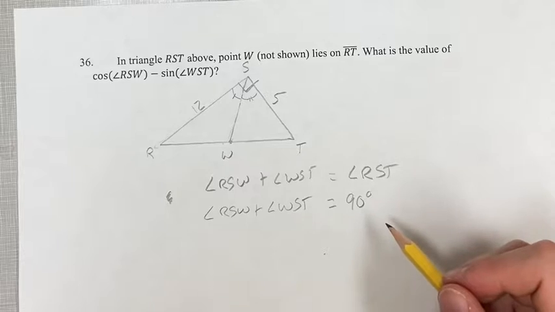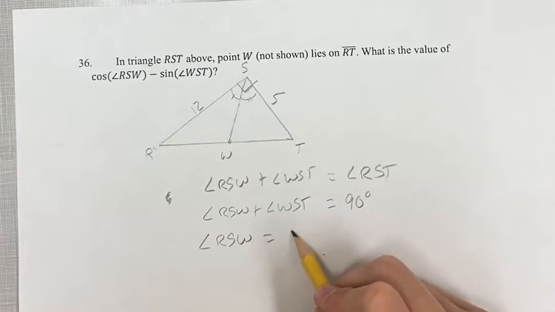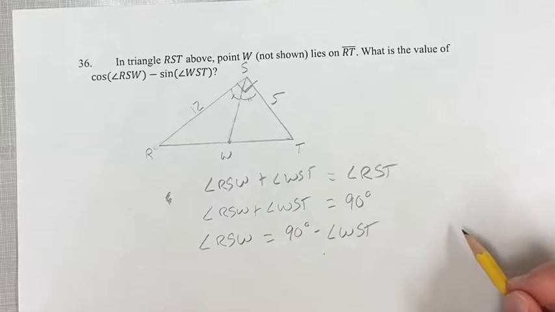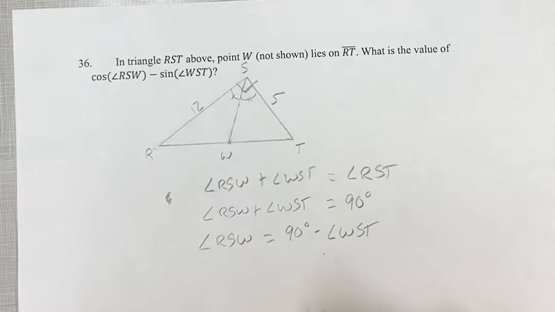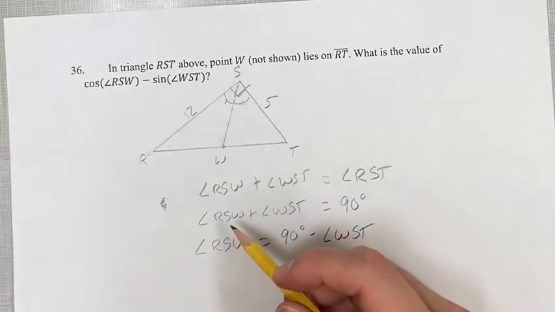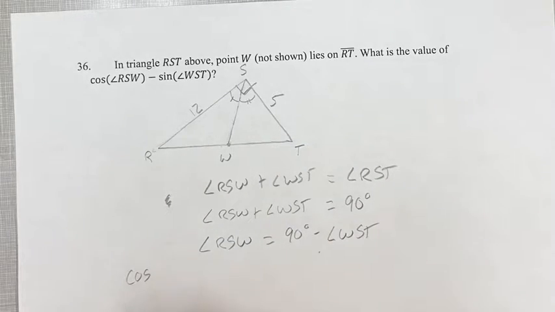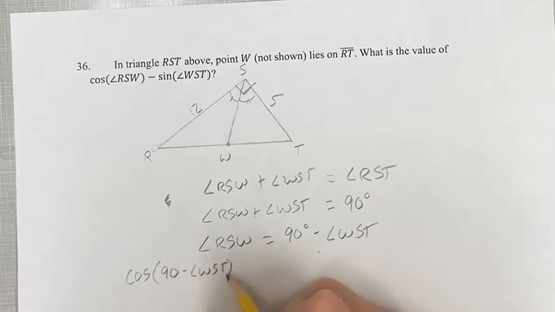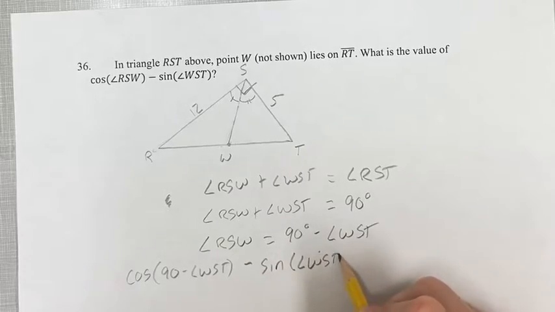And so angle RSW is equal to 90 degrees minus angle WST. We find that just by subtracting angle WST from both sides. Then this expression is equal to cosine of 90 minus angle WST minus the sine of angle WST.